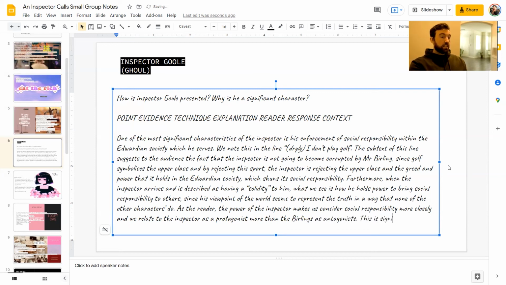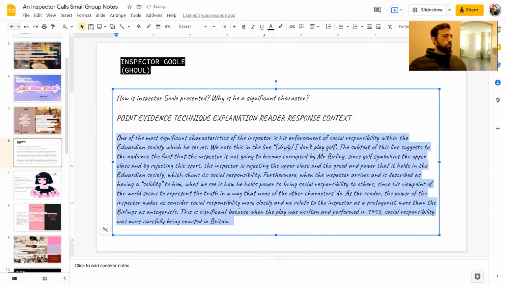This is significant because when the play was written and performed in 1945, social responsibility was more carefully being enacted in society in Britain.